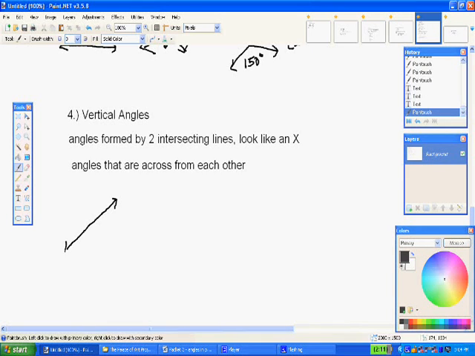So if you have these two intersecting lines right here, you get four angles that are created. You get angle 1, angle 2, angle 3, and angle 4. And I'm going to use a different color to kind of show you what I'm talking about.